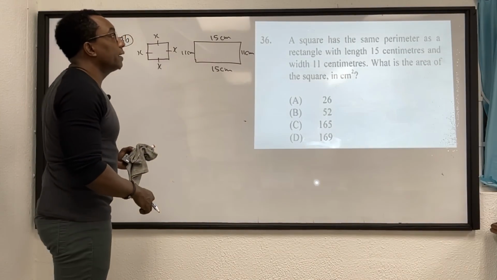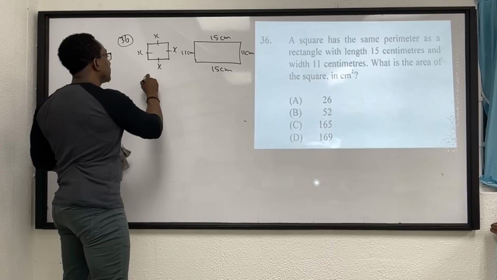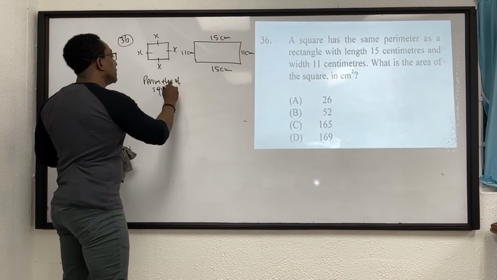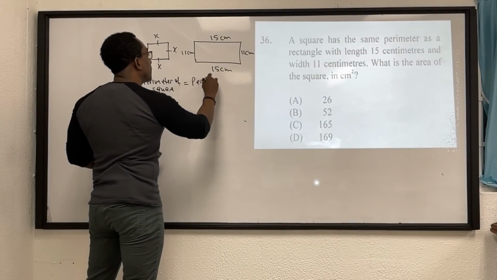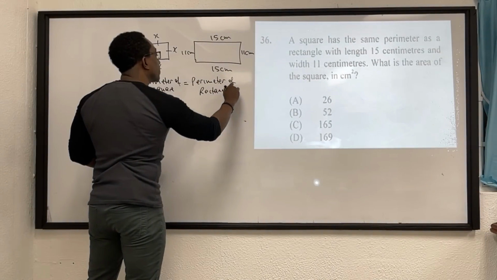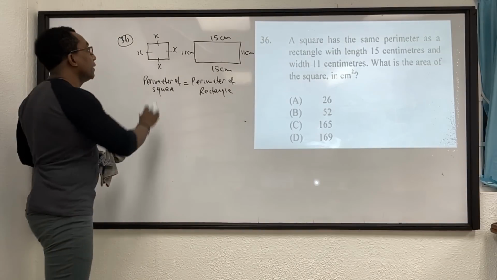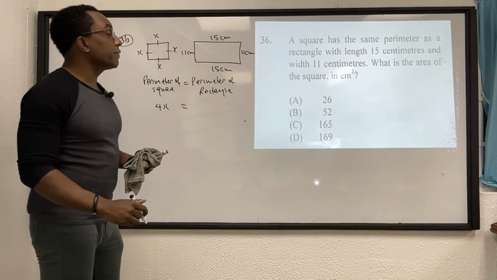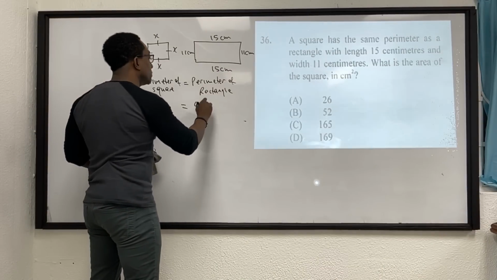And if the perimeter of the square is equal to the perimeter of the rectangle, the perimeter of the square will be x plus x plus x plus x, which is 4x. The perimeter of the rectangle, we got that to be 52 centimeters.